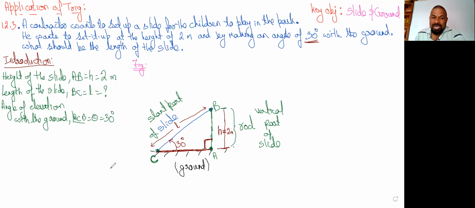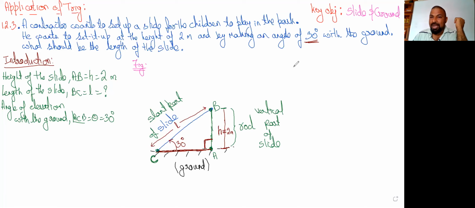Okay, so these are all the 3 points we are having. Height of the slide we have taken, length of the slide we have taken, and angle of elevation. Here the question is, he is asking us to find the length of the slide.